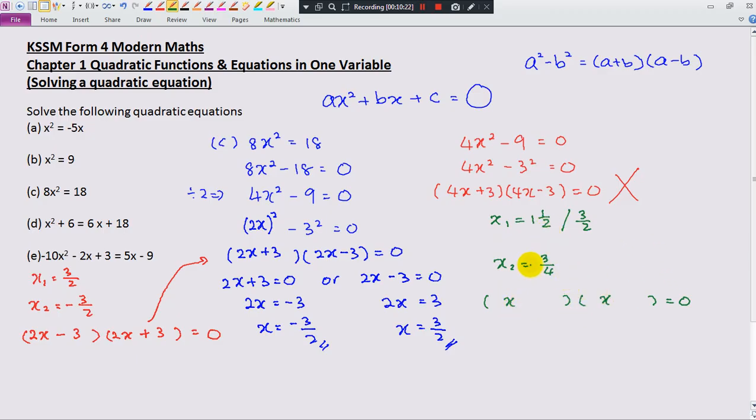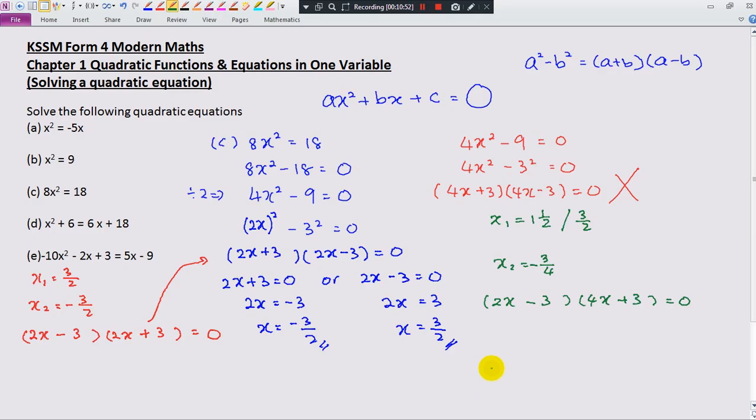You see positive here, you write negative. You only write 3. 2 is over here. For this one negative, you write positive. You only write 3. And 4 is over here. I hope that you already understand how to use this calculator to help you solve the quadratic equation.